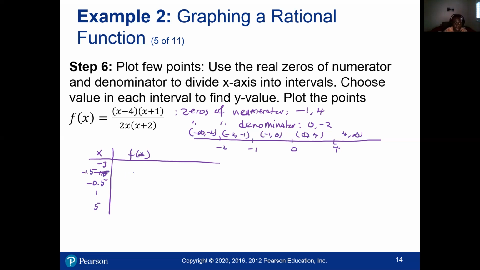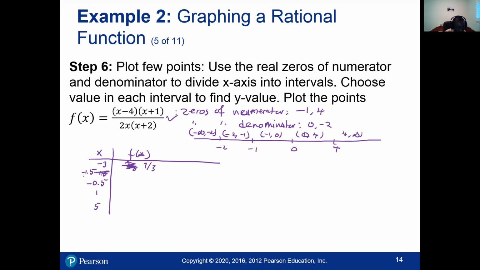I get 7 over 8. Let me turn on this light. So if you plug negative 3 into the function here, you have 7 over 3, not 8. Okay, 7 over 3.